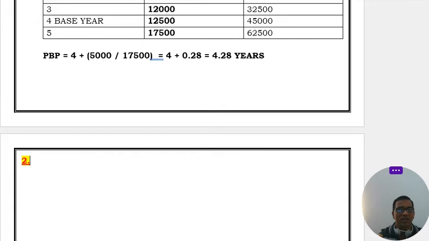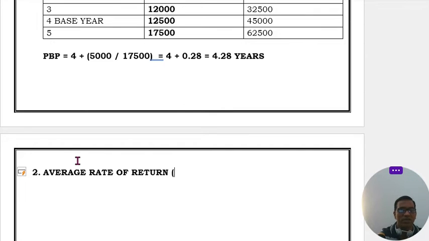And the second one they are asking is ARR, average rate of return or accounting rate of return, the ARR method. For all the other methods we consider cash flows, but for the ARR method you take EAT or PAT, profit after taxes. So what is the formula for ARR?